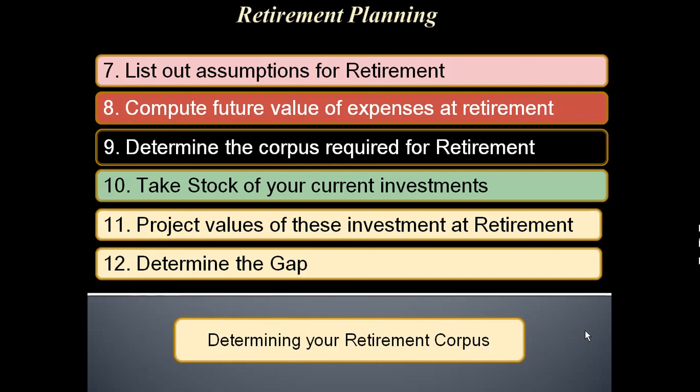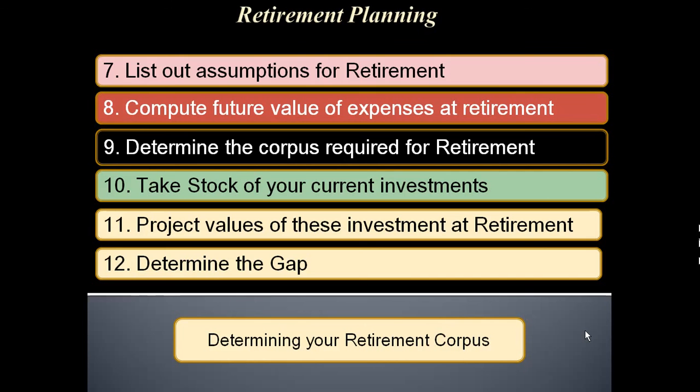It is pertinent to note here that all these 12 steps that we did in this session have to be repeated each year as a part of the review of your financial plan. Now this exercise would raise a red flag early enough in case your corpus requirement has increased, in which case the shortage would also increase, and it would enable you to take steps to make appropriate changes in your investment plan and in your investment pattern.